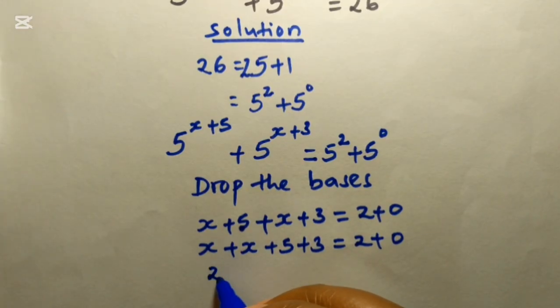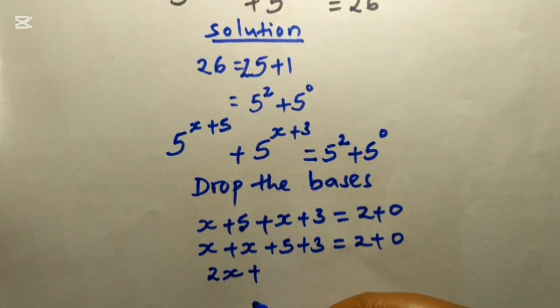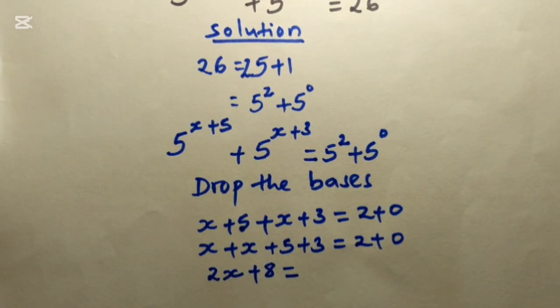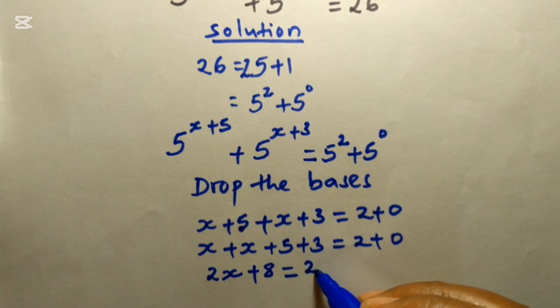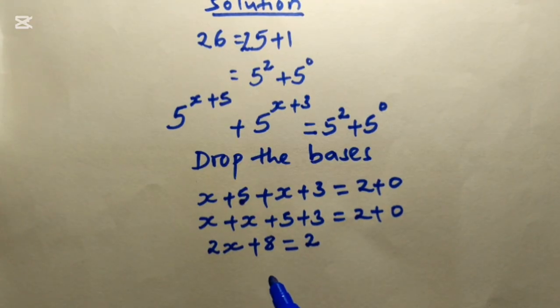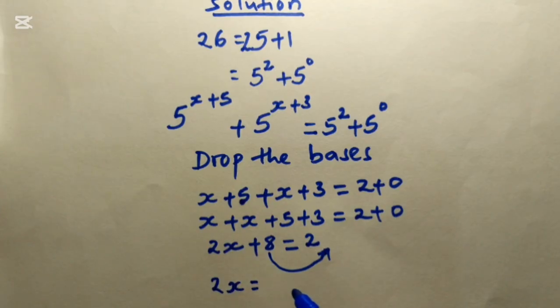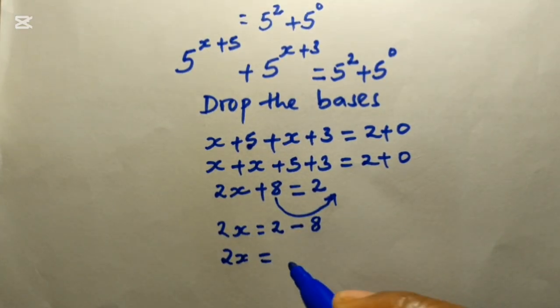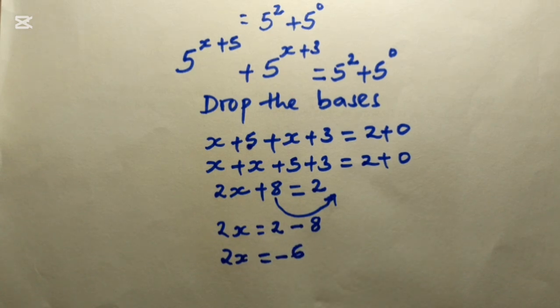x plus x is 2x, 5 plus 3 is 8, is equal to 2 plus 0, which is 2. Then let us keep on grouping like terms together. We'll take positive 8 to that side and change it from positive to negative. So we'll have 2x is equal to 2 minus 8, and 2x will be equal to negative 6.